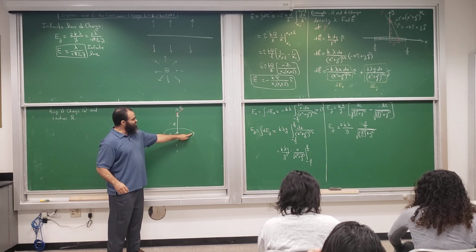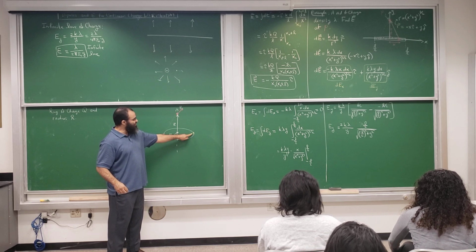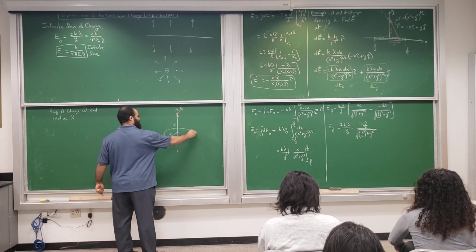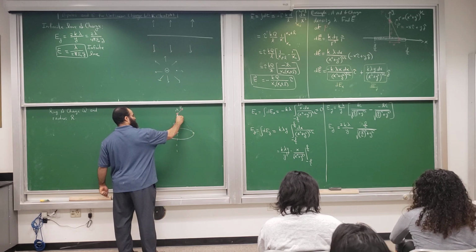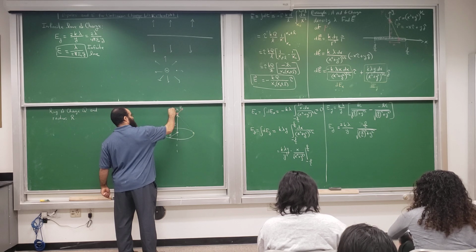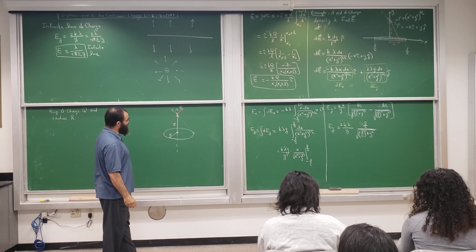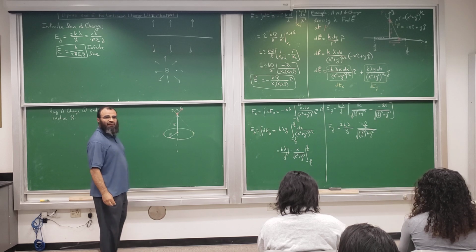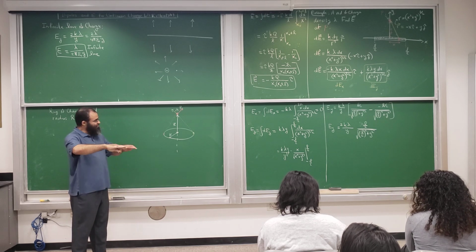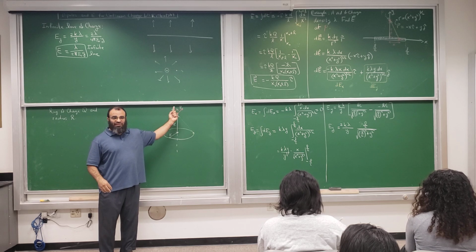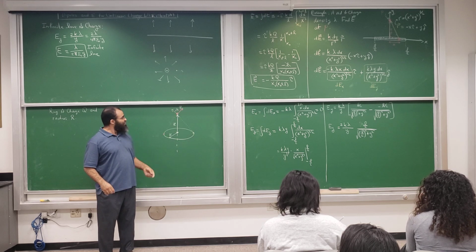In what direction is the electric field produced by the yellow charge here? West. So this way? So when you add these two electric fields, what do you get? Zero. The horizontal would be zero, but the top would survive. The one in the z direction is going to survive.